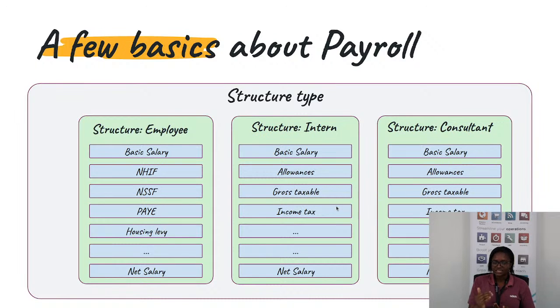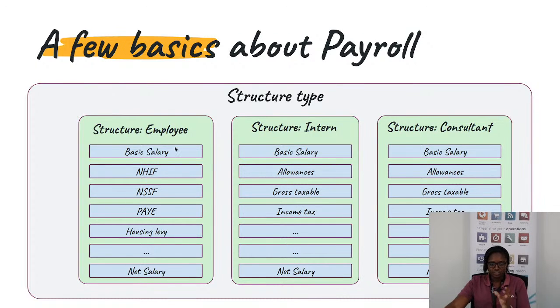These are formulas. Every time you have a contract with your employee, let's say you're paying someone 80,000, but this person needs to pay NHIF and NSSF. So we develop these rules to allow the system to compute: if this person is getting 80,000, then apply this formula. At the end of the day, this is the amount you're supposed to remit to NSSF and NHIF.